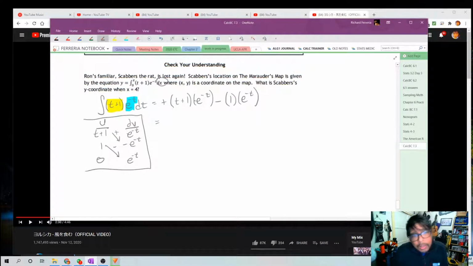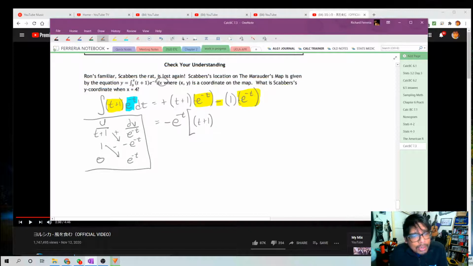Let's make that look a little nicer. Factor out an e to the negative t. I think I should factor out a negative e to the negative t. If I factor out a negative e to the negative t, I'm left with a t plus 1 from that first term.